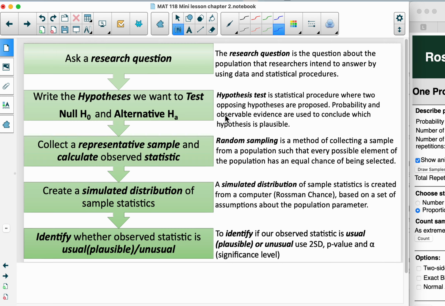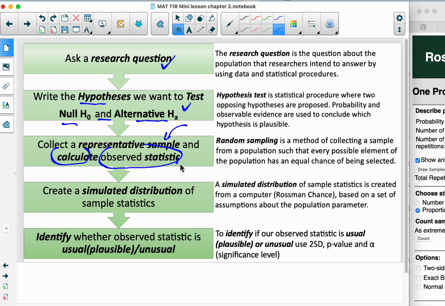So our statistical inference process follows a set of steps. The first thing we do is that we ask a research question, we write our null hypothesis and our alternative hypothesis, we collect a representative sample, and we observe or calculate our statistic.